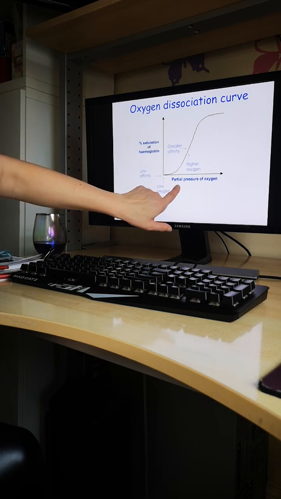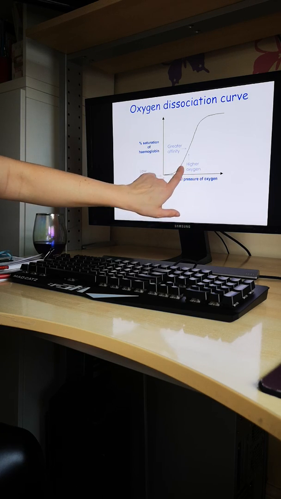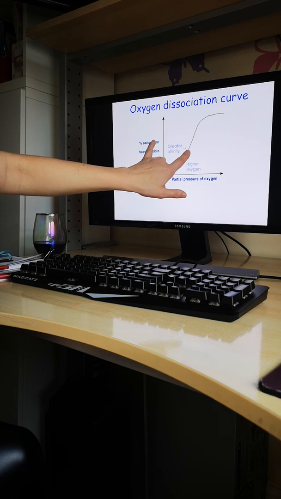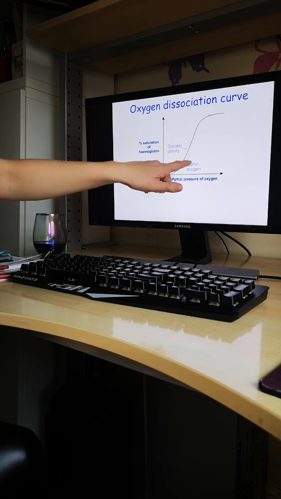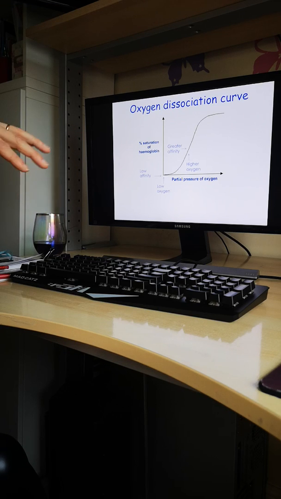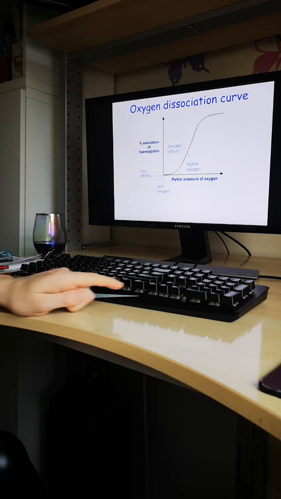But as you increase the partial pressure of oxygen and the oxygen concentration becomes higher, that changes the property of haemoglobin, and it has a higher affinity, binds to oxygen more readily.